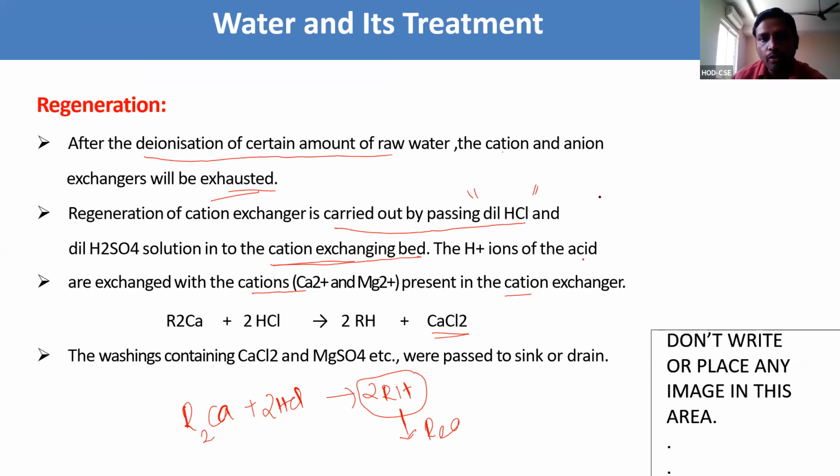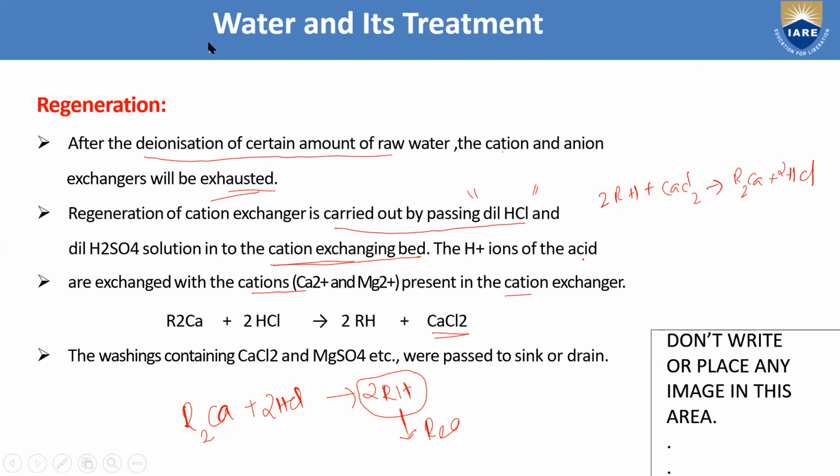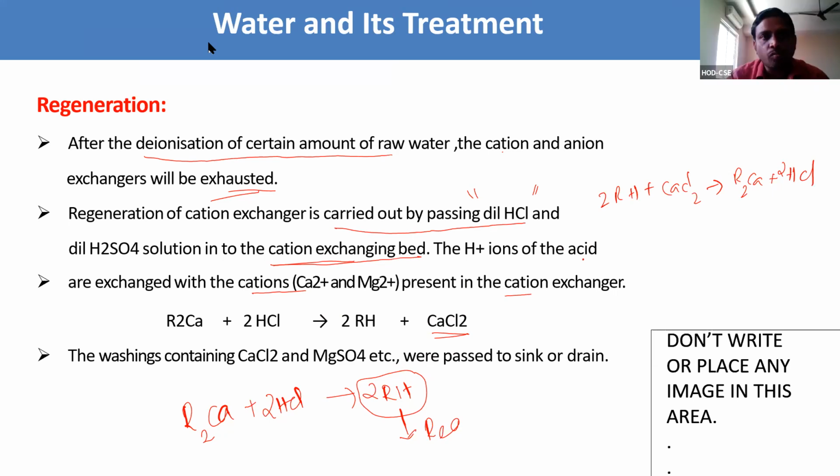During the process, 2RH reacts with CaCl2 and we got R2Ca plus HCl. Now we are just reversing it.